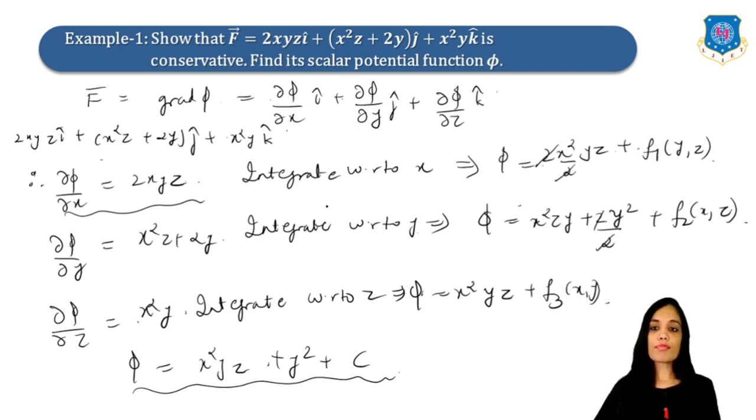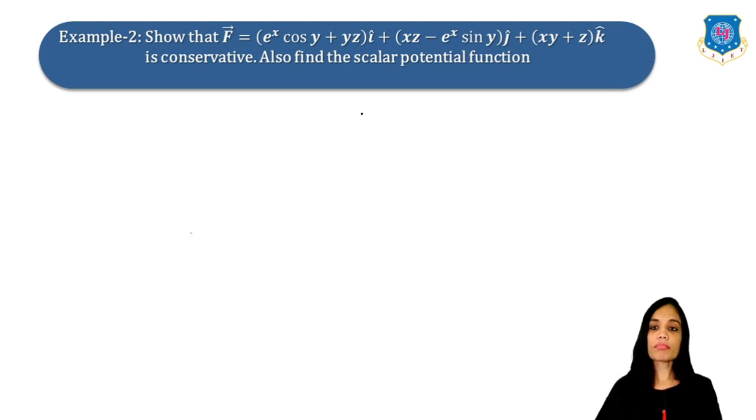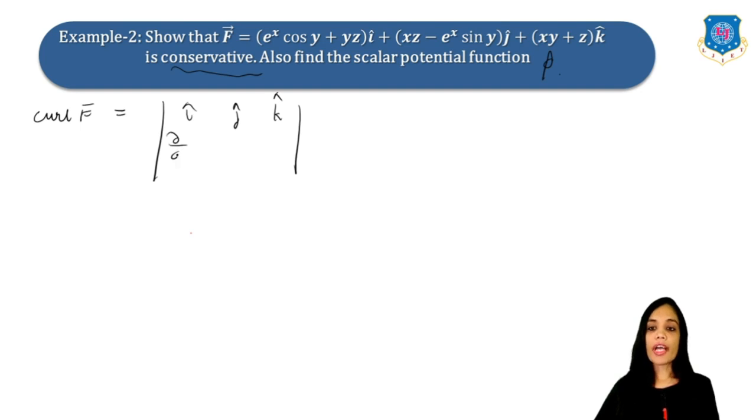Okay. Now let us move on to the next example. Again, we have to show that this f bar is conservative and then find the scalar potential function phi. In order to prove that f bar is conservative, we have to again find curl of f bar. The formula is i j k, del by del x, del by del y, del by del z, f1 f2 f3.